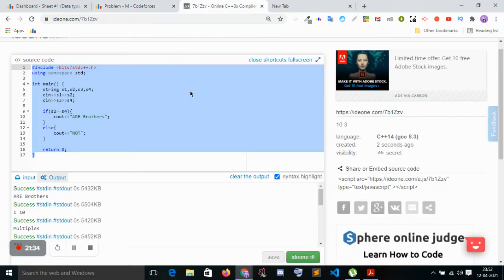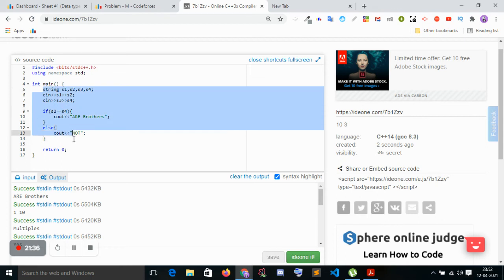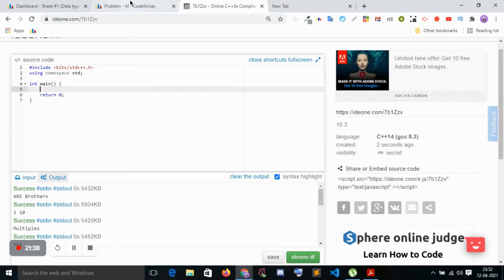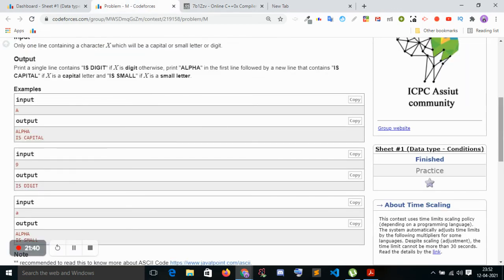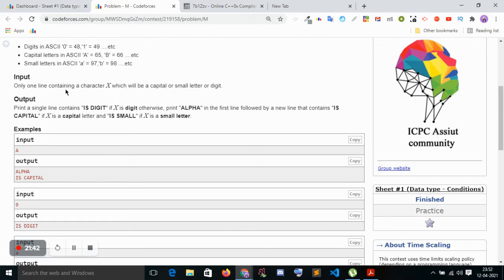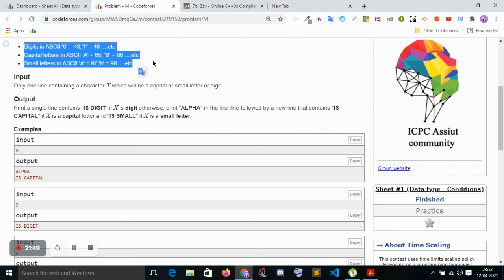So let's try it, because the input is one line containing the character X. So here digit and ASCII value are given.